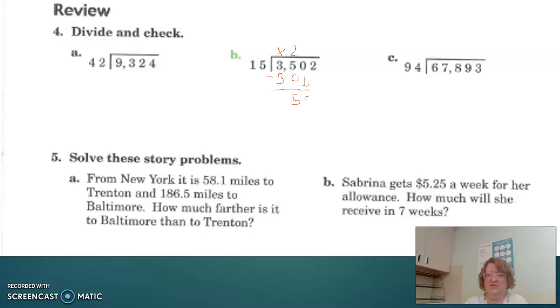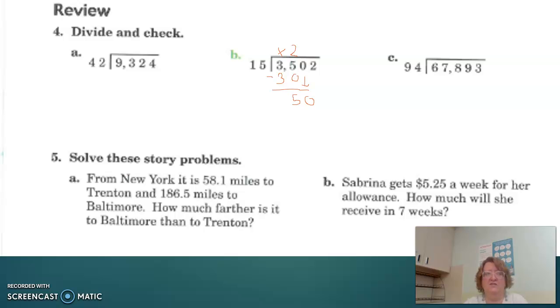Now we should also be able to count by 15s because we know what the quarter numbers are on the clock. So if we were counting the clock by 15, class, how would we do that? Let's do that together. 15, 30, 45, 60.